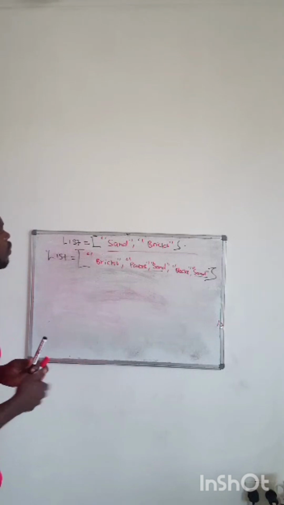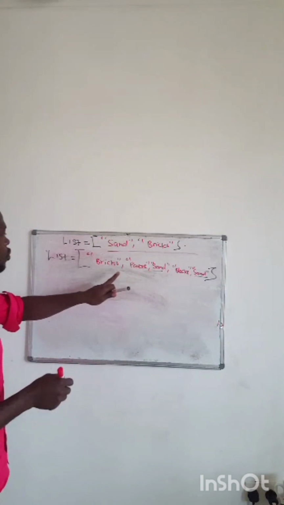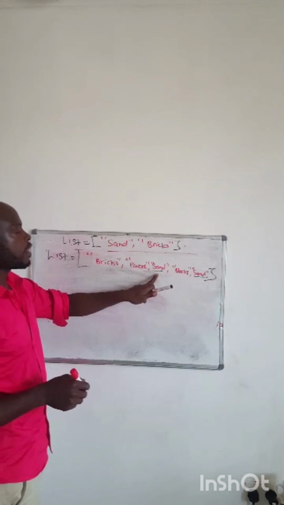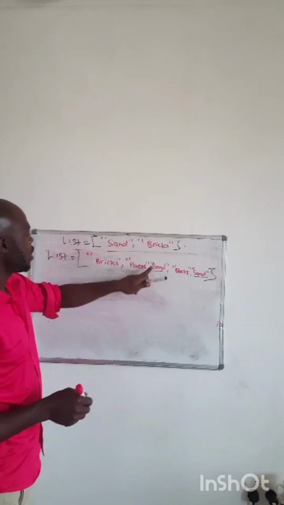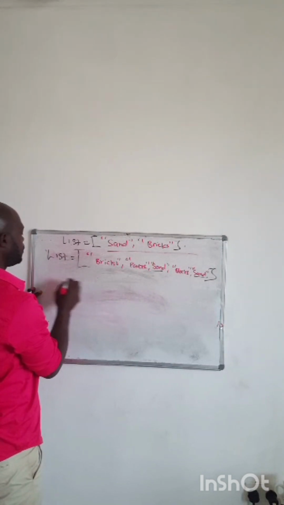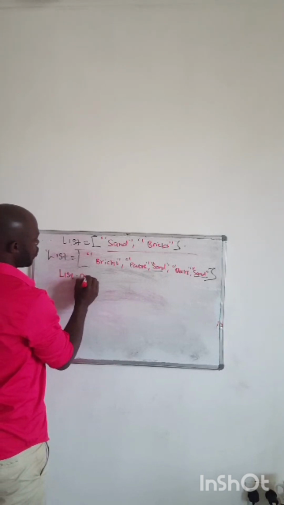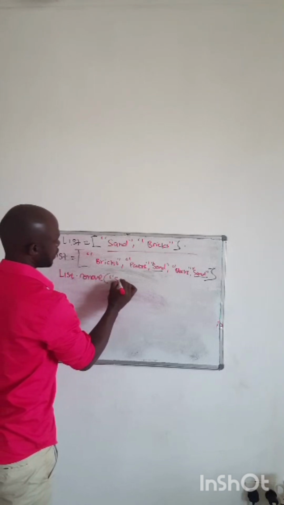So if we use the remove method to remove sand, the remove method will remove the first occurrence of the item that you specify. So for example, if we say list dot remove sand, okay.